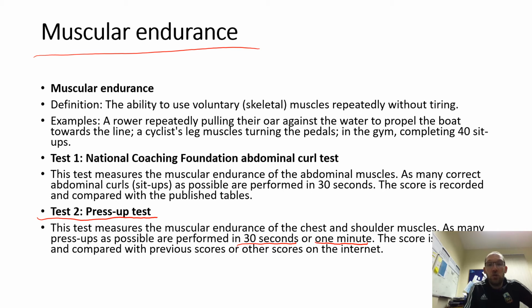We can also do the sit-up test. Now, a question on the paper talked about this test before, and they asked what muscles were used. People put abs, and they did not get a mark. If you're referring to muscles, you need to write the full name of the muscle out. Do not shorten it.